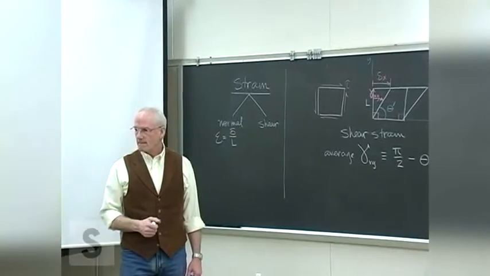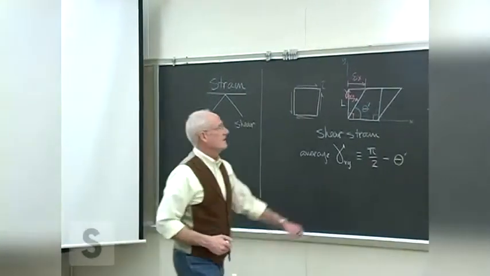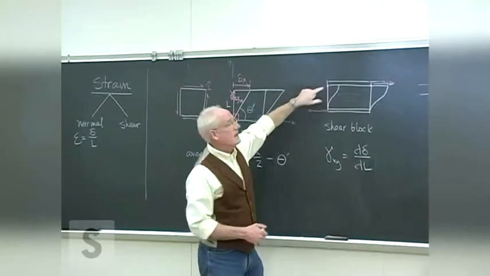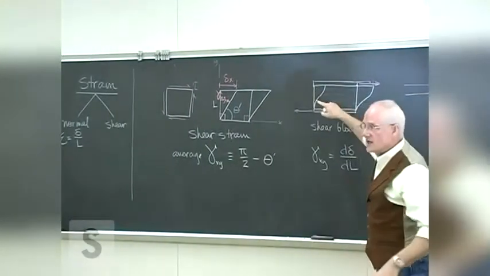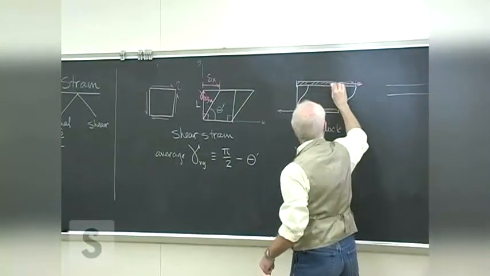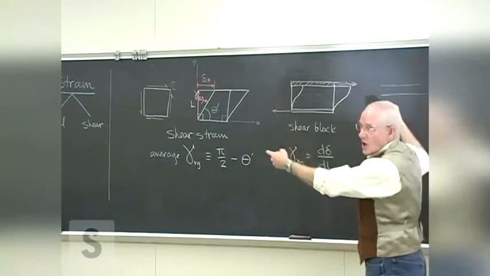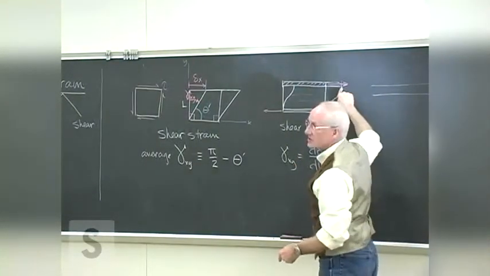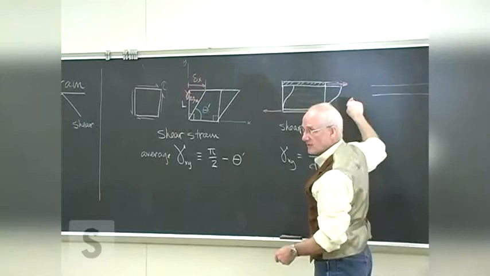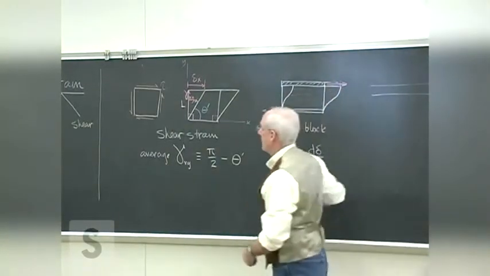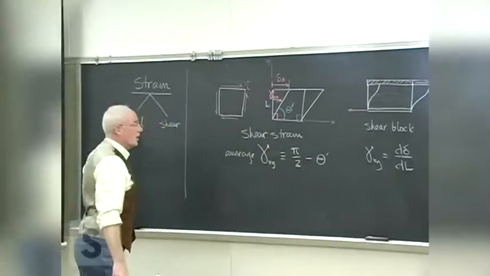Is the whole block rubber, or just the top little portion? These are rigid plates. The reason I want these to be rigid plates is because I don't want them to elongate, which adds a different dimension here. The strain on this side would be different than the strain on this side if the plate itself changed length, which would be a normal strain.